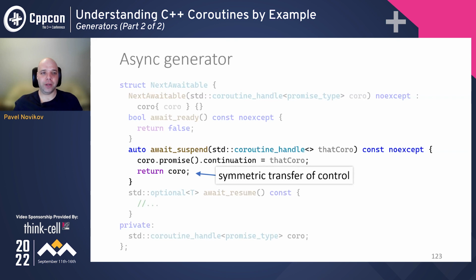So the coroutine that awaits on the next awaitable that we get from call to next is always suspended. It is stored as continuation inside our promise type, inside our generator, and the coroutine of the generator itself is resumed.